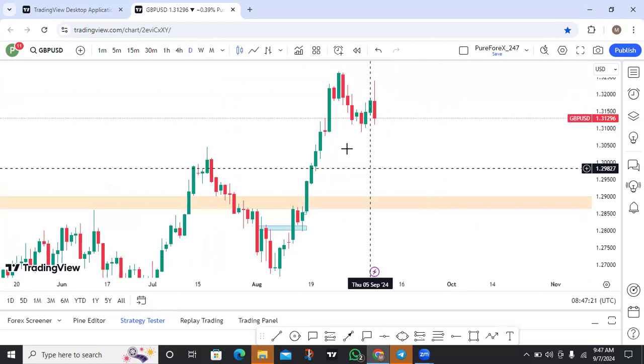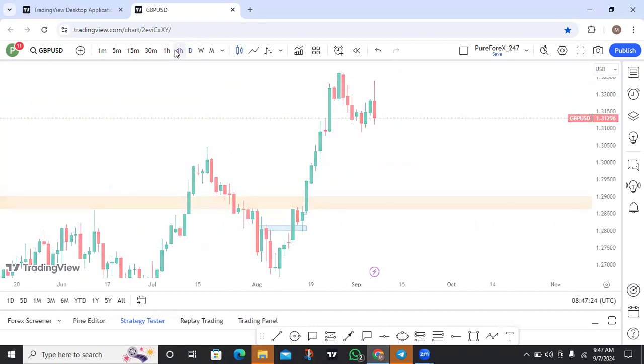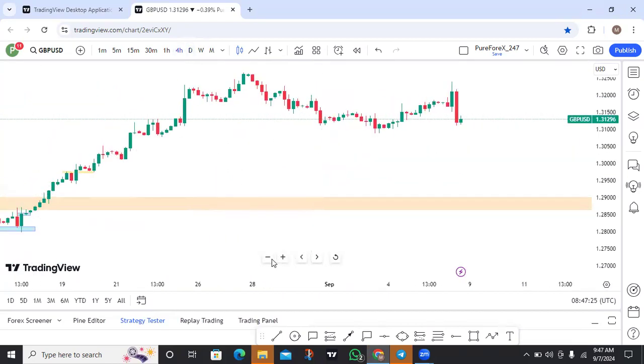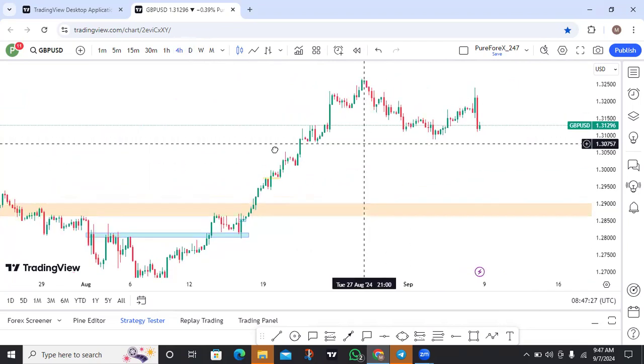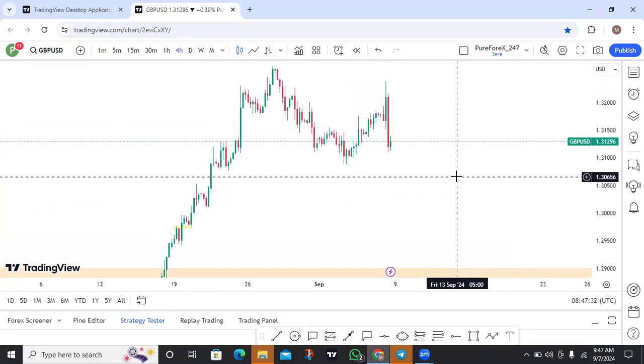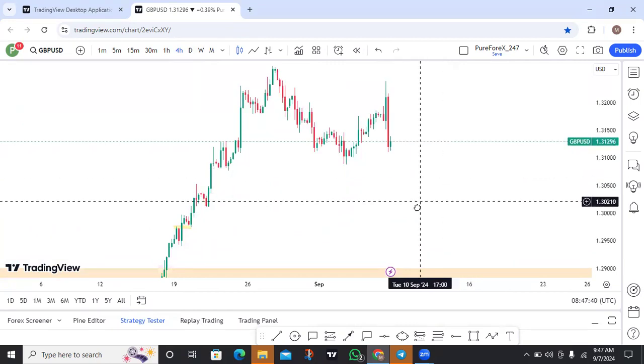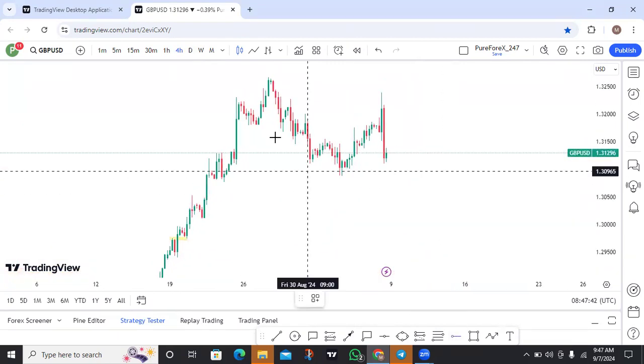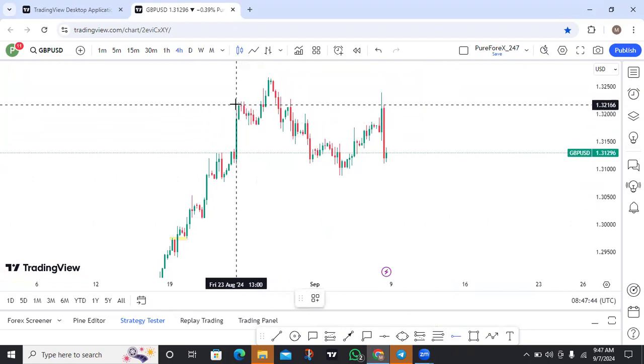So let's go to H4. Looking at H4, you will realize that the market has already given us a sign of what? A sign of reversal. This is actually a Quasimodo here.